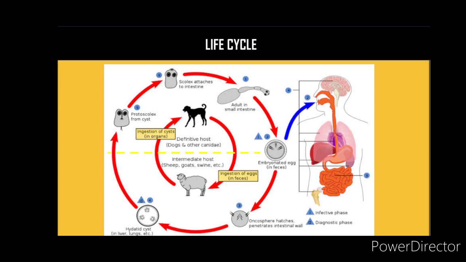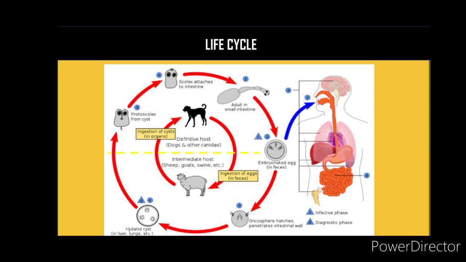These eggs are then ingested by a suitable intermediate host, including sheep, goat, swine, cattle, horses, and camels. The eggs then hatch in the bowels and release oncospheres that penetrate the intestinal wall. This oncosphere then migrates through the circulatory system to various organs of the host.